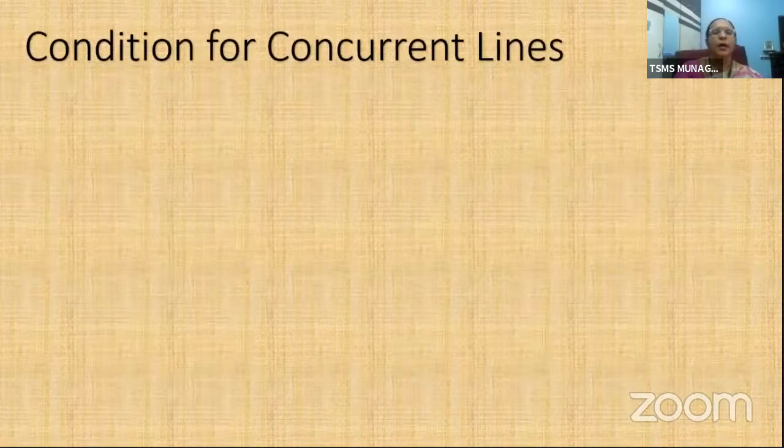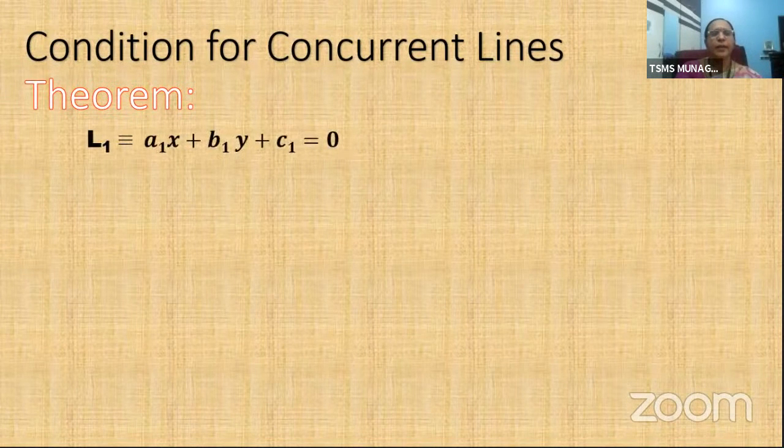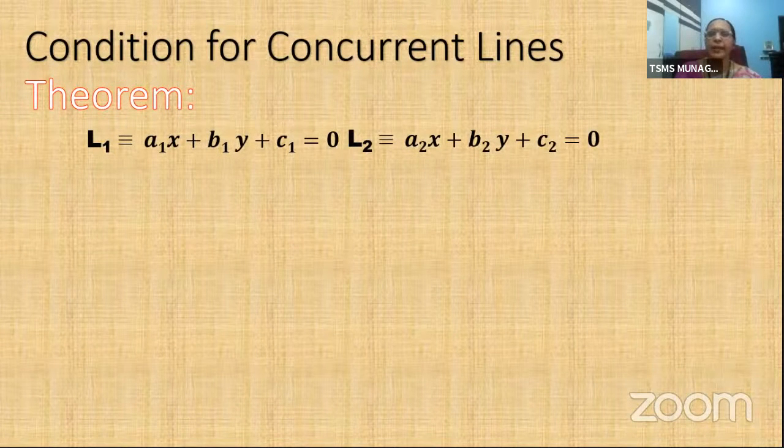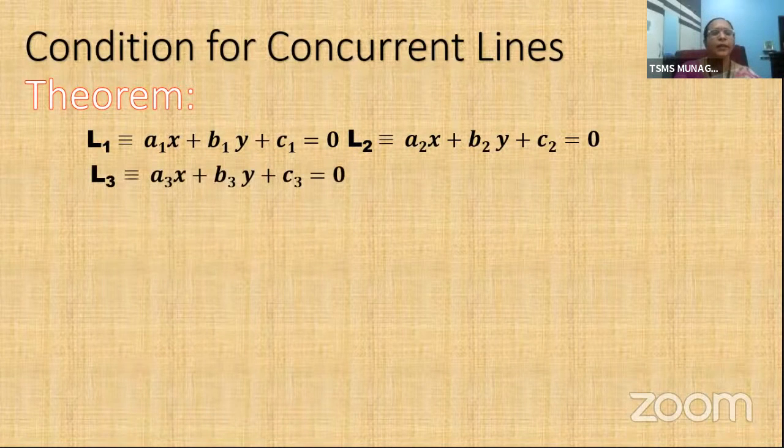So here, what is the condition for concurrent lines? See, I am given three lines. One line, L1, like this: A1x plus B1y plus C1 equal to 0. L2: A2x plus B2y plus C2 equal to 0. Then another line I have got, L3, which is A3x plus B3y plus C3 equal to 0.